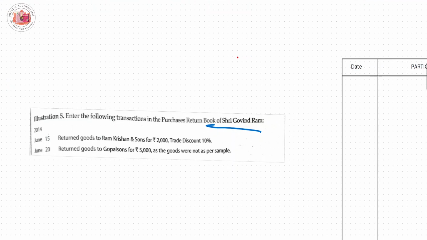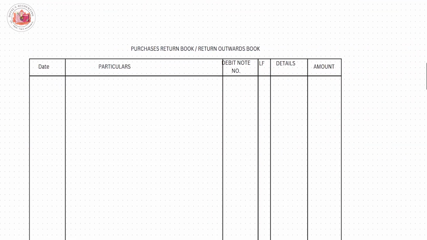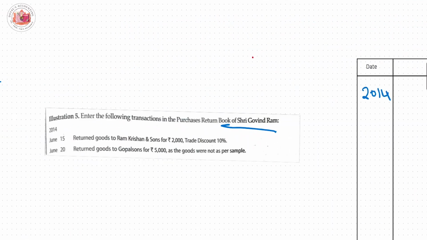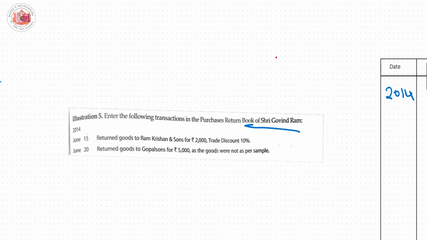So, the first step would be to create this pro forma, and on top we will write in the books of Sri Govind Ram. 2014 June 15th, Ram Kishan and Sons.